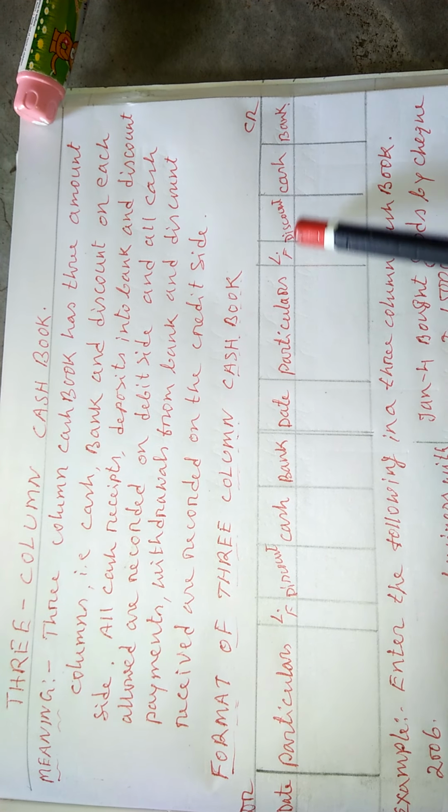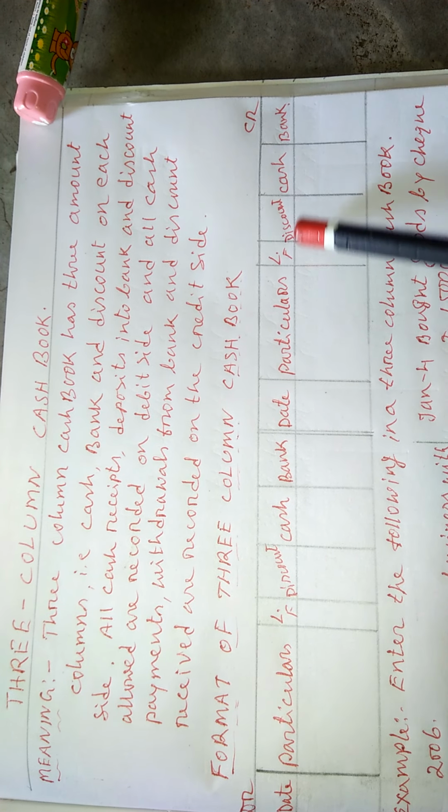Now let us continue the discussion with an example. Enter the following in a three column cash book. 2006, the transactions are: commenced business with cash rupees 2 lakhs. January 2, deposited into bank 40,000. January 3, received cash from Moti rupees 950 in full settlement of debt rupees 1,000. January 4, bought goods for cash rupees 10,000.